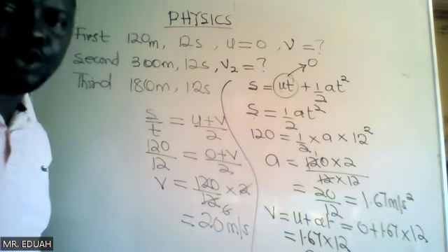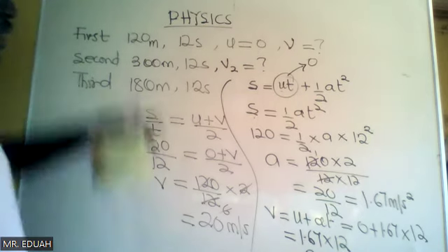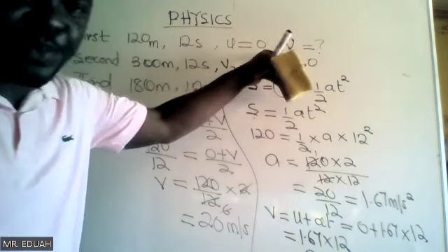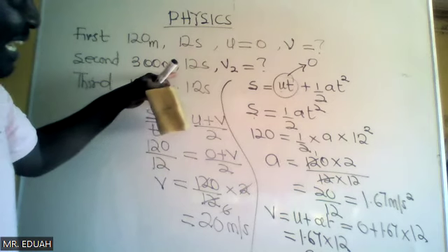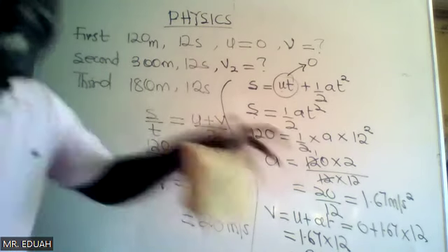I take it again. It's a continuous motion. So the final velocity of the first part becomes the initial velocity for the second part.